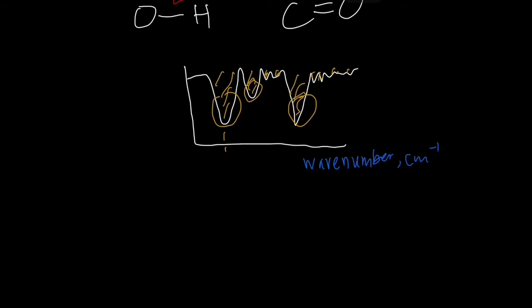They have different wave numbers. And the y-axis is percentage of transmittance. The up and down of the line indicates how much of the radiation is transmitted through the sample. So maybe let me show you the instrumentation in the IR spectrophotometer.